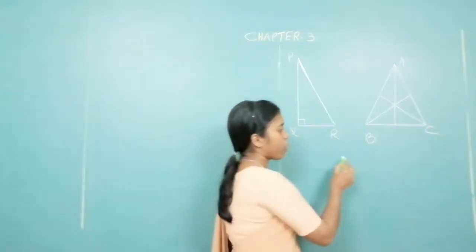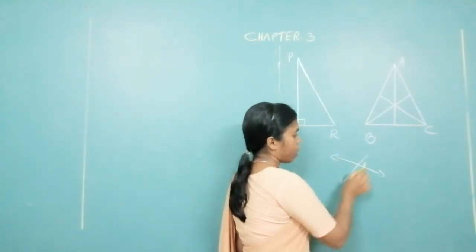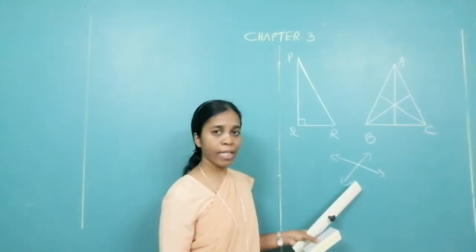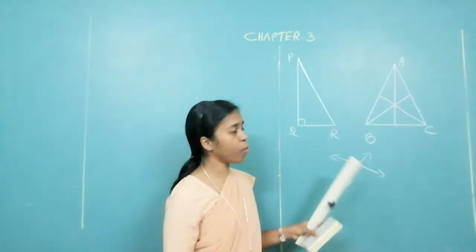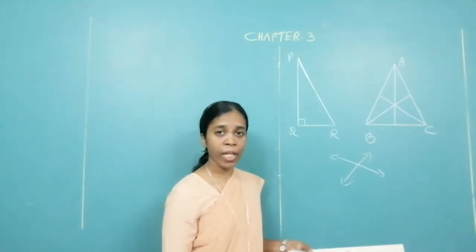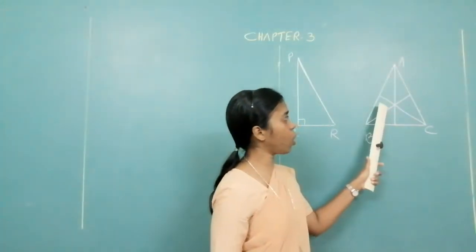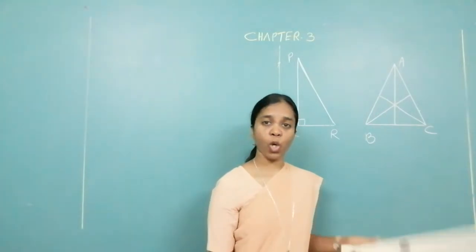Now, when you have 2 lines meeting at one point, we call it a point of intersection, and these lines are intersecting lines. When there are more than 2, they are known as concurrent lines and the meeting point is called the point of concurrence.